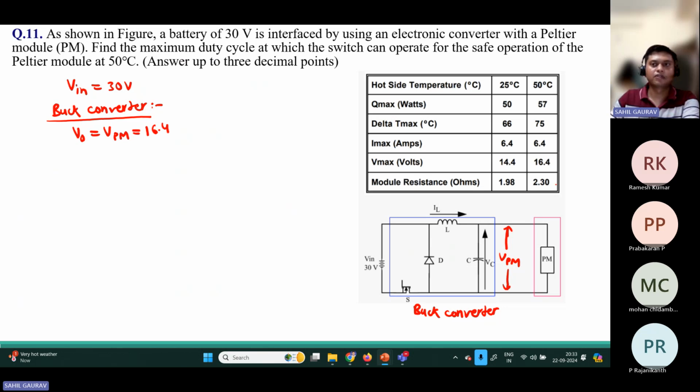We got 16.4 volt from the data sheet, and it is specified for 50 degrees Celsius. So VPM equals D into V in. So we will get duty as 16.4 upon 30. So 0.547 is the answer.